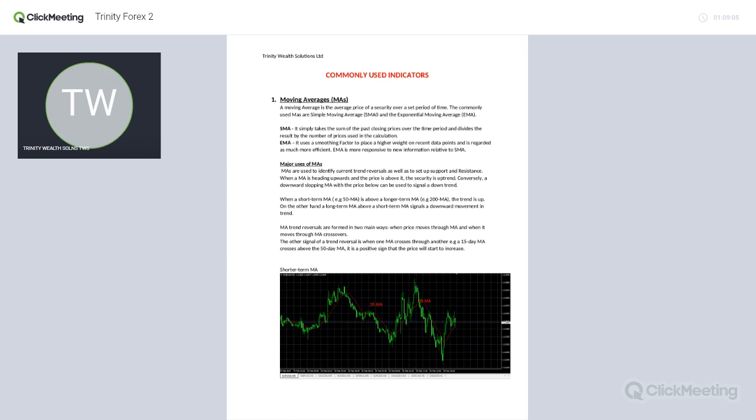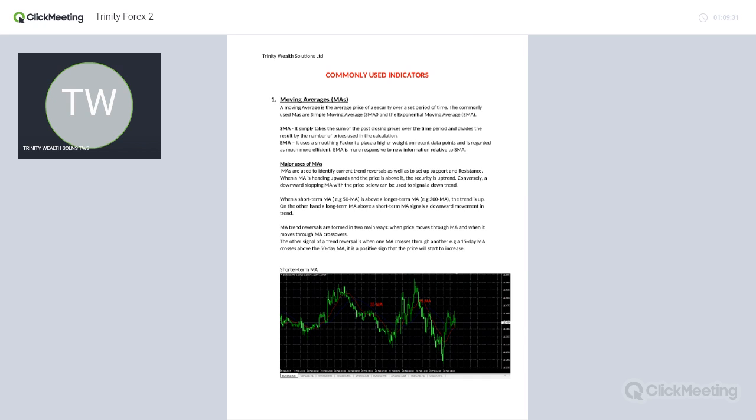All right. So how do we use MA, in general, whether EMA or SMA? MAs are used to identify current trends and reversals, as well as to set up support and resistance. When an MA is heading upwards and the price is above it, the security is in an uptrend.